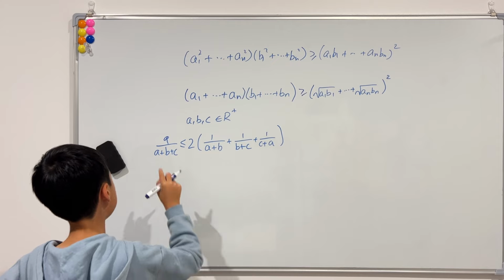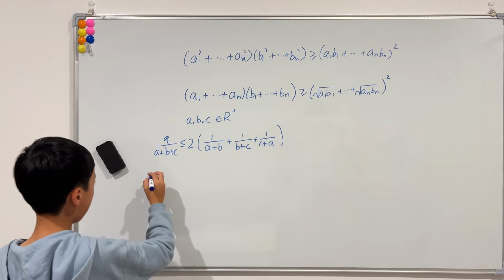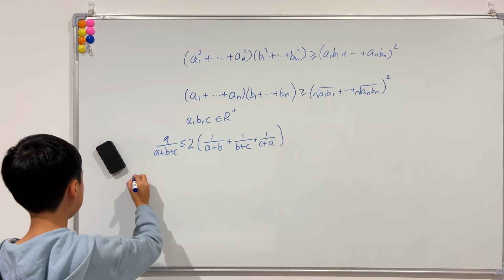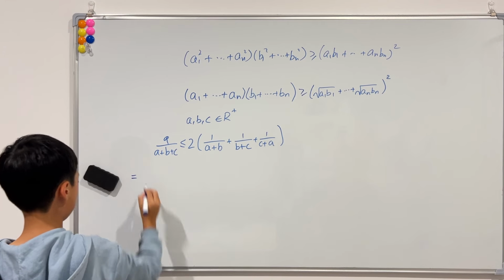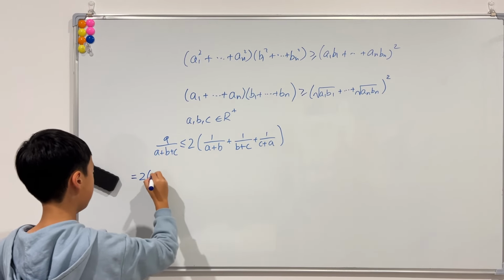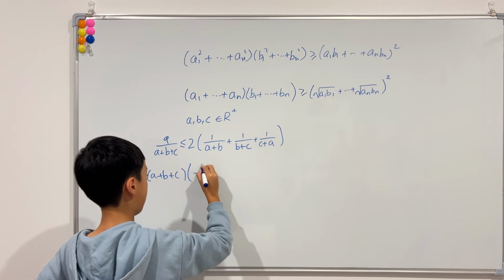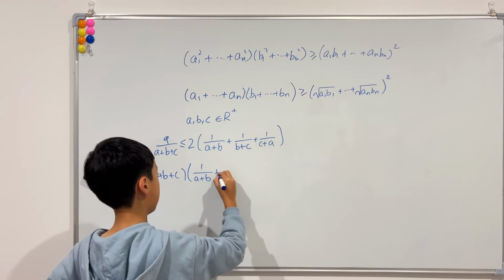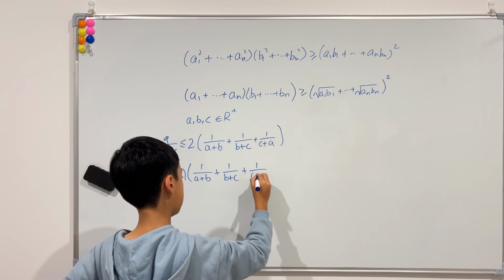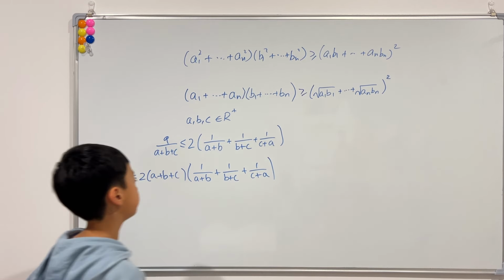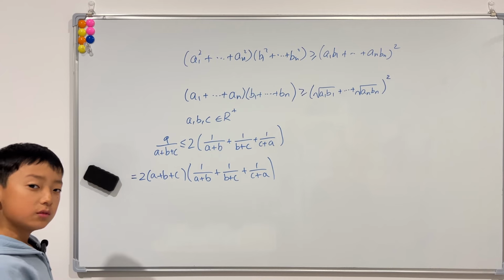I'm just going to multiply the A plus B plus C to the right-hand side. So I'm just going to write equals because I'm going to prove this later. Equals 2 times A plus B plus C times 1 over A plus B plus 1 over B plus C plus 1 over C plus A. Now, remember the last question.